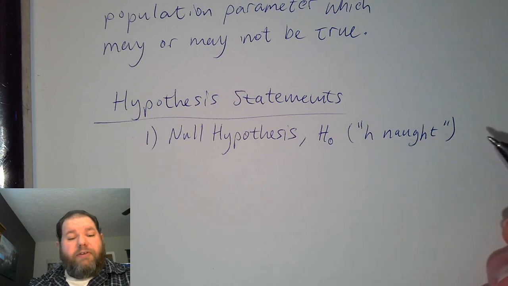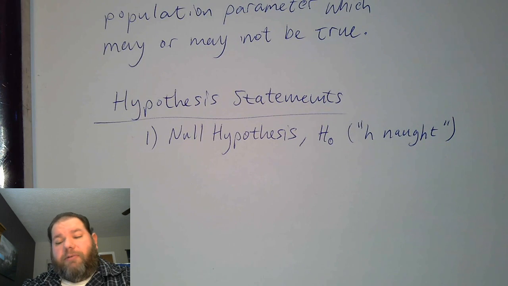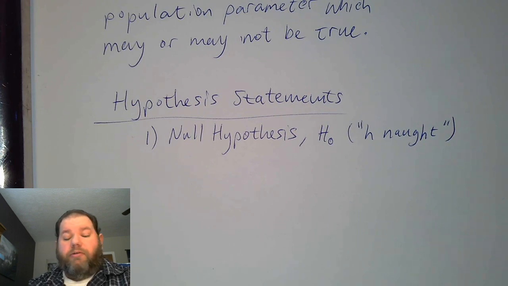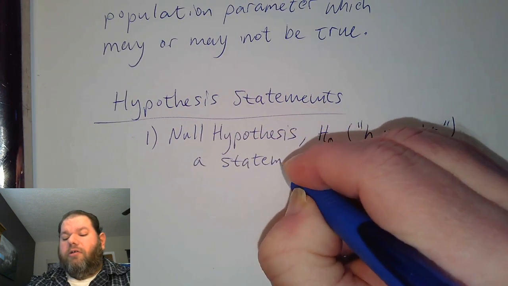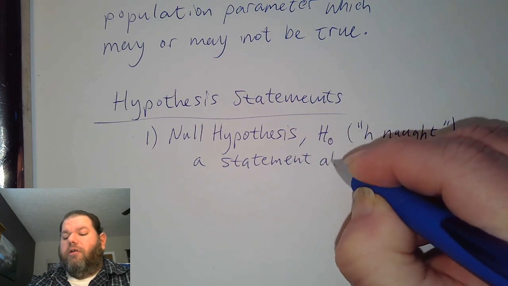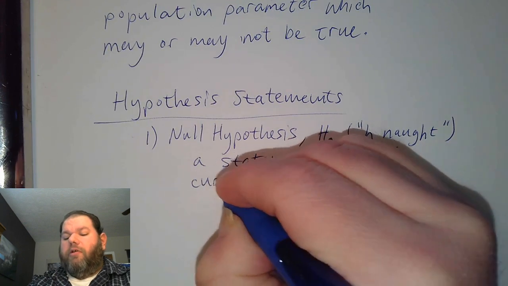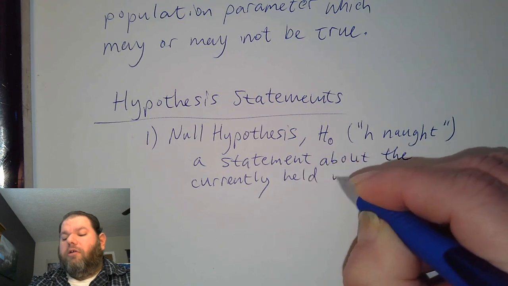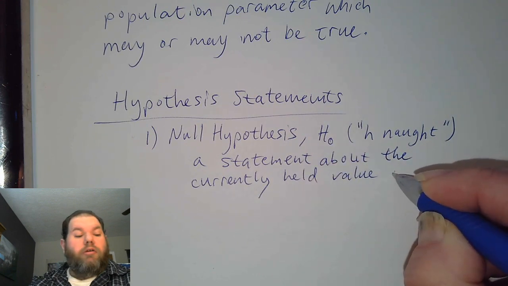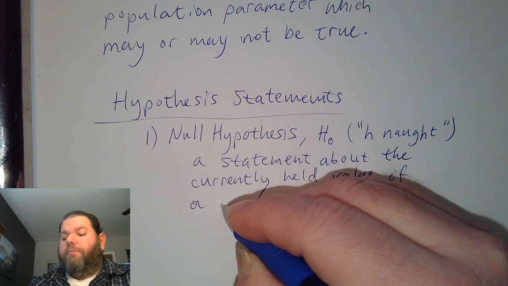so we want to state a null hypothesis. Now, the null hypothesis is a statement that expresses what's currently held to be true about a certain parameter, a population parameter.